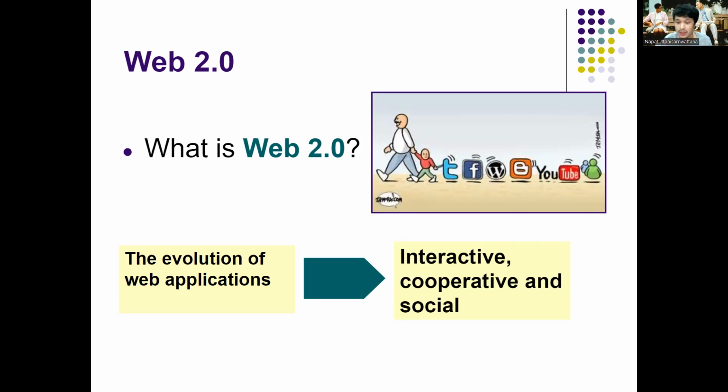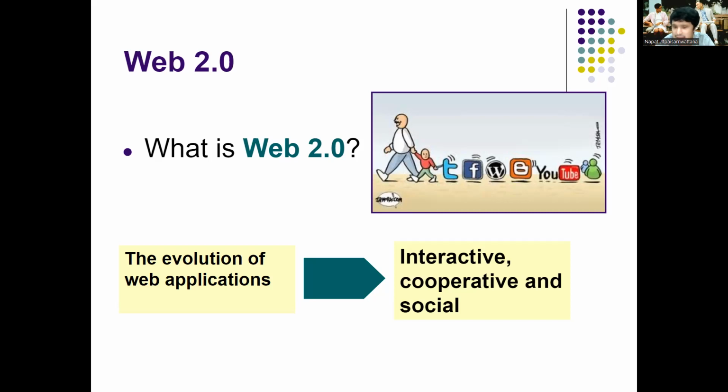Websites like Reddit, or social media platforms like Facebook, Instagram, and things like that allow users not only to consume information presented on the website or platform, but also to contribute something back into the platform. So it's basically the evolution of web applications.